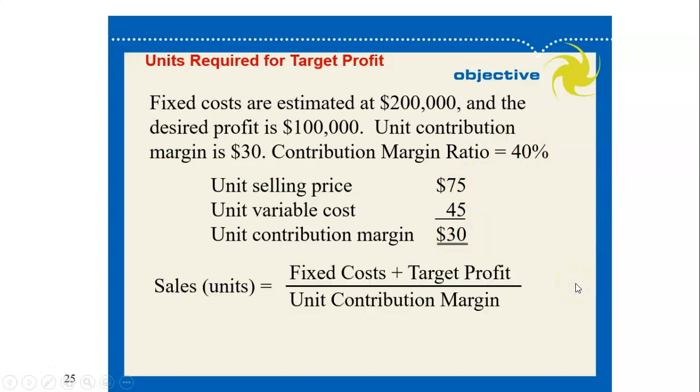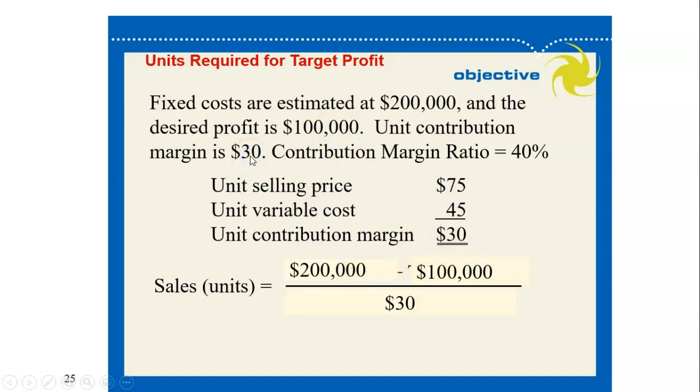Okay. So our formula for units is the fixed cost plus the target profit divided by the unit contribution margin. So our fixed cost is the 200,000, and our target profit is the 100,000, and our unit contribution margin is this $30.